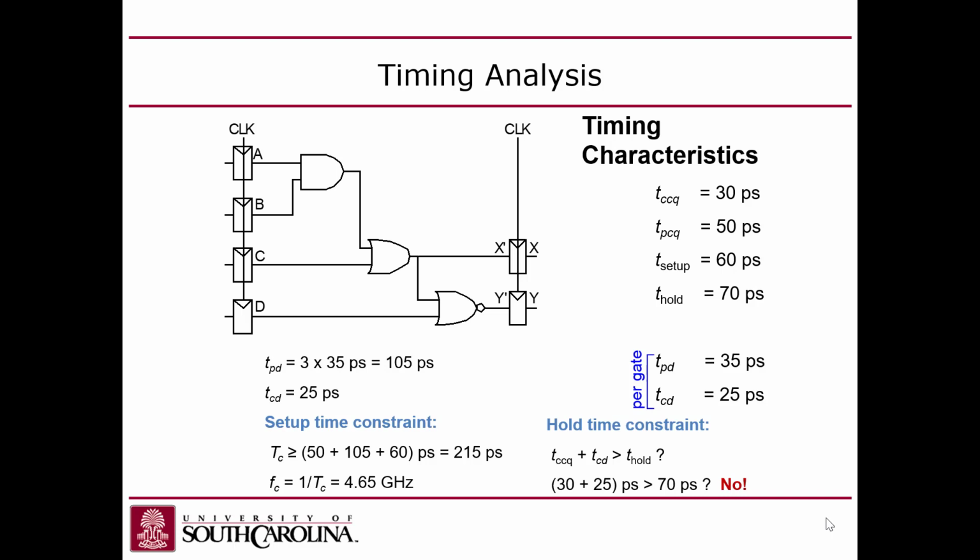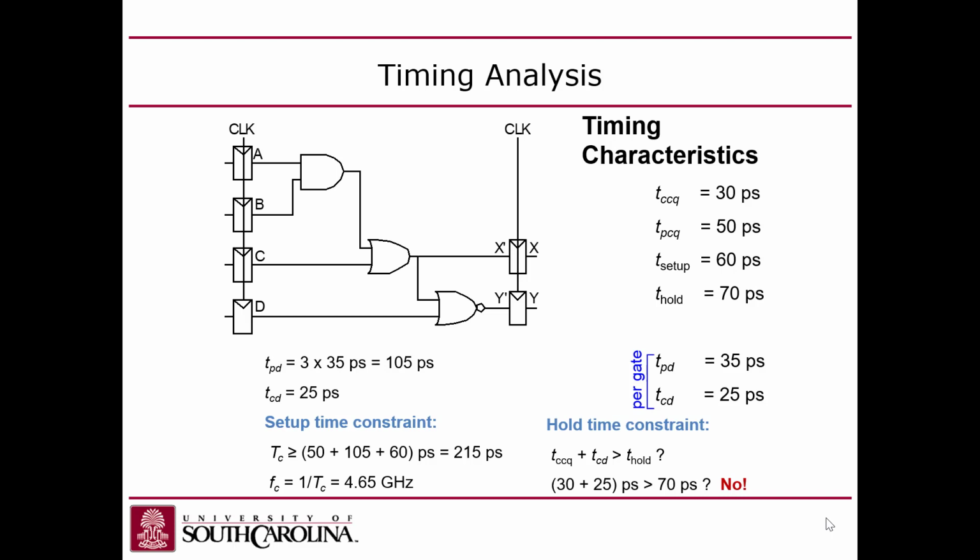Also, per gate in the logic, the propagation delay is 35 and the contamination delay is 25, right? So the first question is, do we meet the setup time constraint? To answer that, we have to find the critical path so we can calculate the propagation delay of all the logic. The critical path goes through up to how many gates? 3, right? Worst case, I have to go through all 3 gates.